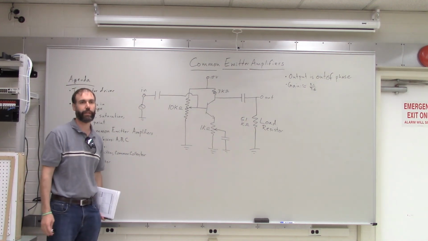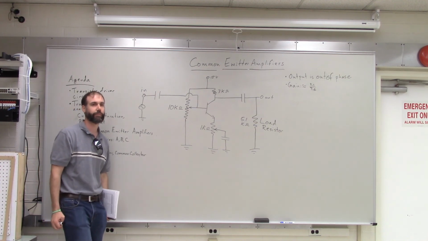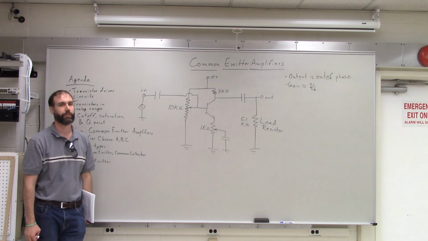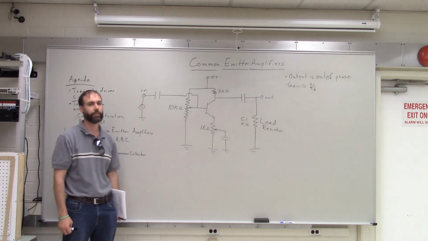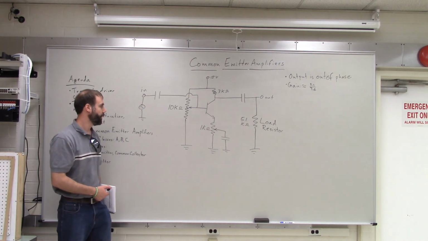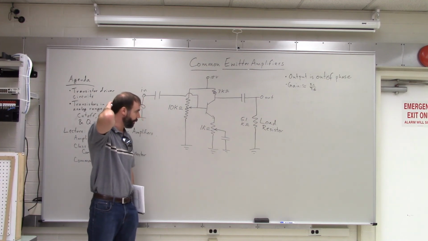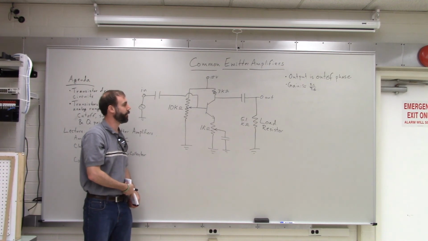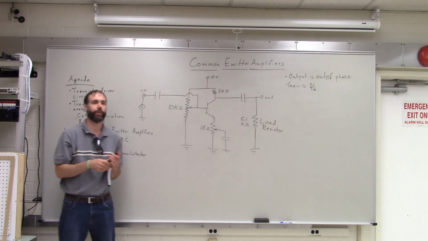Any questions about that? Yeah. So on the subject of speakers, clipping will ruin your speakers. Right. If we don't have a speaker in this circuit, is there anything that's going to get ruined if we have clipping? No, I mean, it's not going to hurt any of our components, but the idea of a common emitter amplifier is that you want to have a very nice reproduction of the signal.